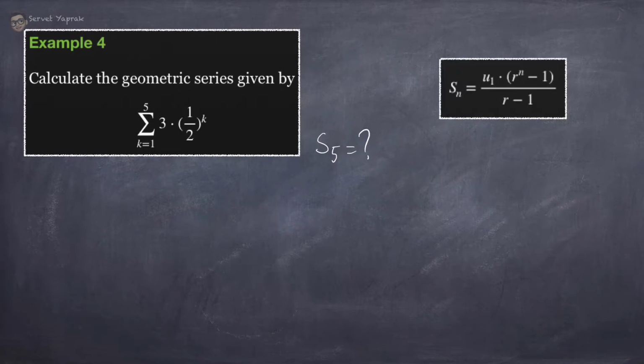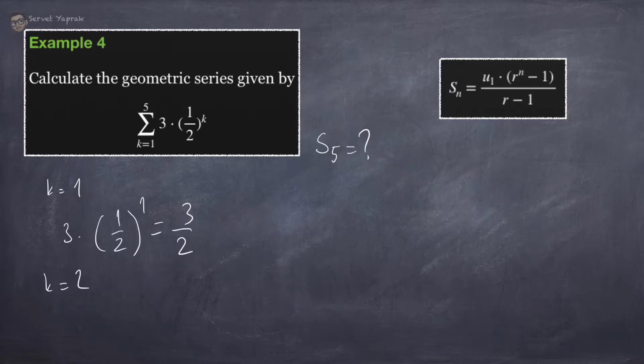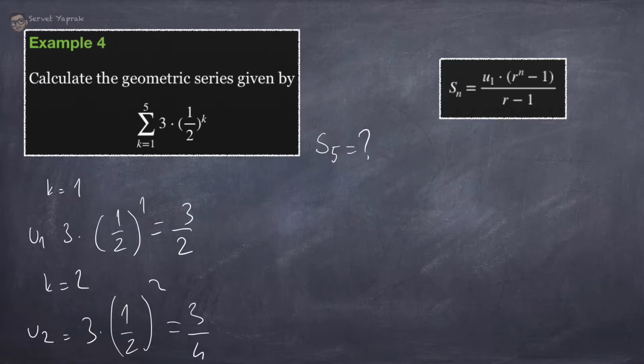So the first term will be u1. If we substitute k equals 1 here, we will have 3 times 1 over 2 to the power of 1, which is 3 over 2. And if we substitute 2, we will have u2 equals 3 times 1 over 2 squared, which is 3 over 4. So 3 over 2 is the first term, 3 over 4 is the second term. We can say that the common ratio here is 1 over 2.